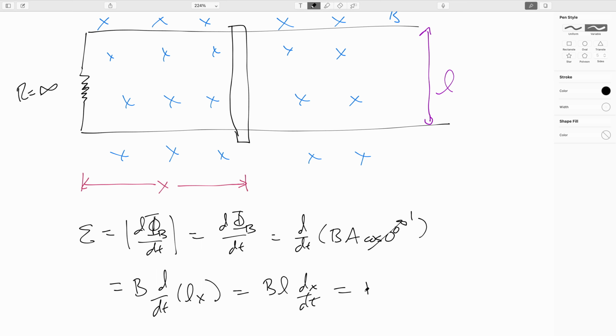The induced EMF is BLv via Faraday's law of induction, which is exactly the same result we got before when we considered magnetic forces. And this turns out to always be the case. In physics, because nature needs to be internally consistent, if we have two different ways to get to the same answer, it jolly well better always give the same answer in all cases.